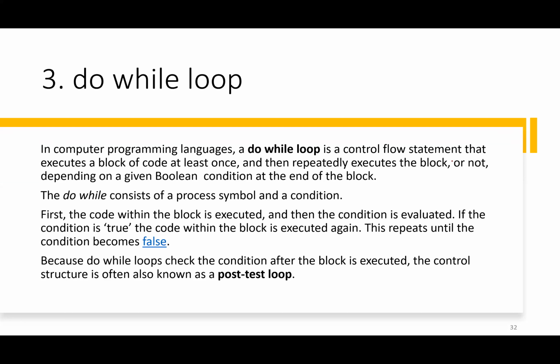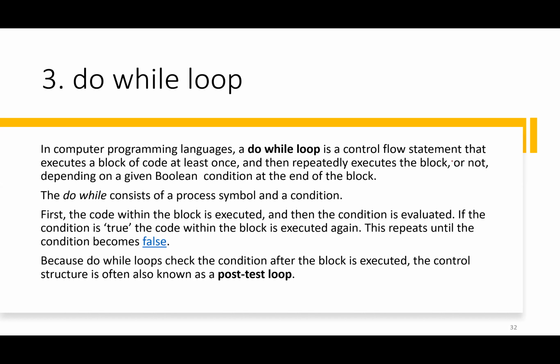The difference between do while and while is that do while executes the body of the block at least once, even if the condition fails the first time. But in a while loop, it's 0 or more, while in do while, it's 1 or more.